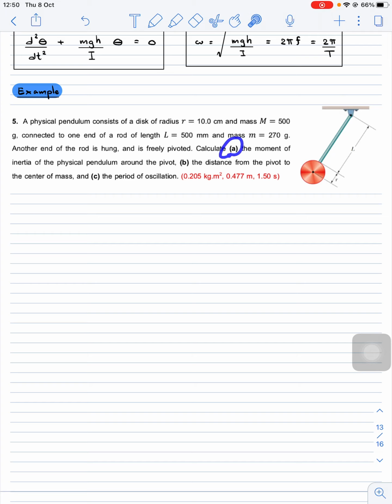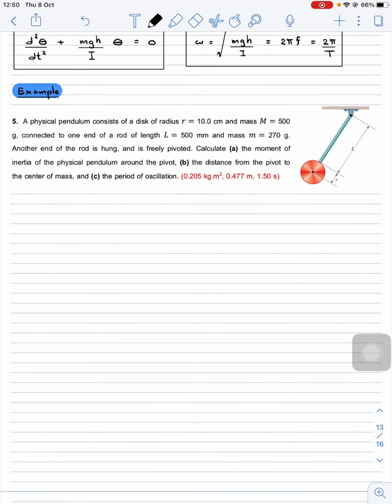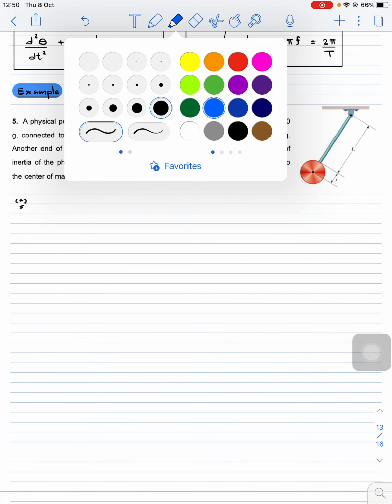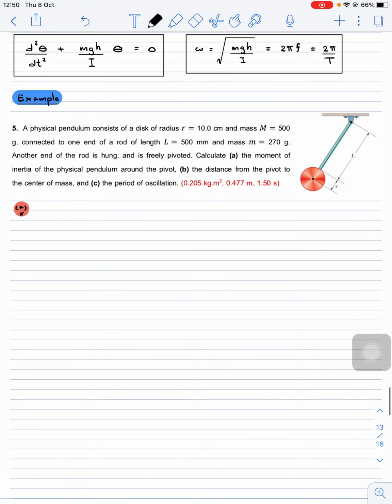So now for part A, we just want to calculate the moment of inertia of the physical pendulum about the pivot. So we just want to find the moment of inertia of the system.